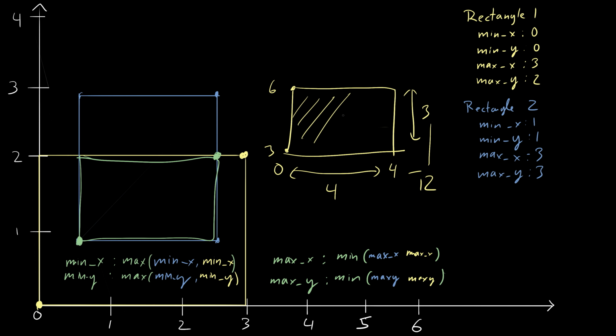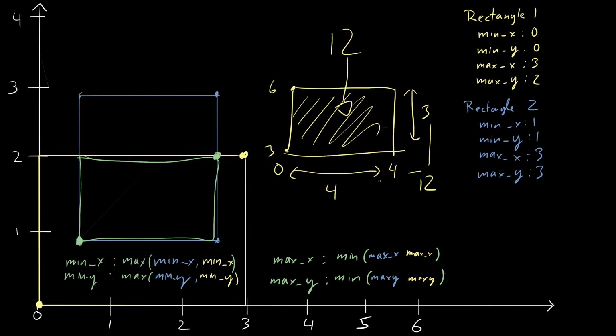So the area here would be 12, right? That's basically it. There's two things you have to do. First, you find the corner of your new rectangle, and then you just find the area. And to find the area, you just subtract these together.